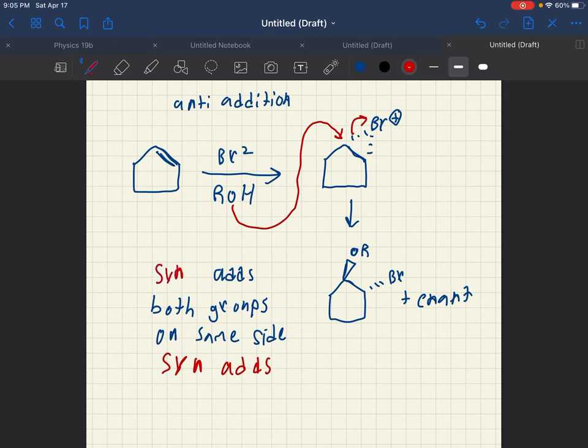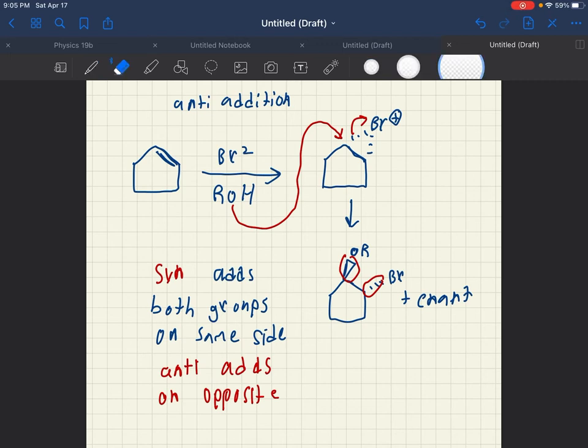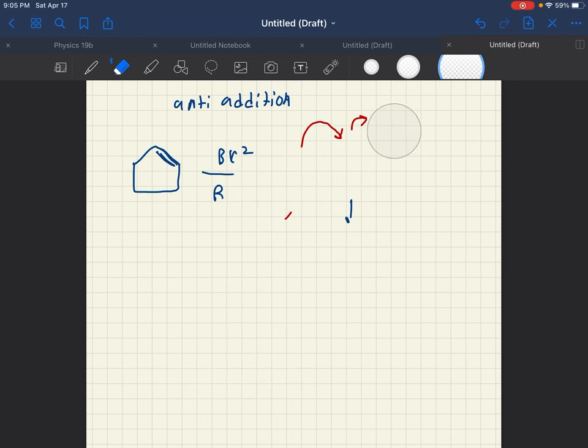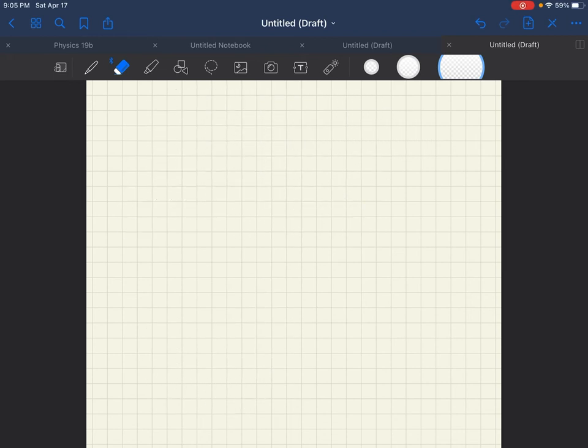Syn adds on both sides. Anti adds on opposite sides. So for example, since this is a wedge and this is a dash, it's an anti-addition. Now if they were both wedges, it'd be a syn addition, and that's when the stereochemistry can become an issue. But we'll practice a couple of those. Let's keep going and see what we got.